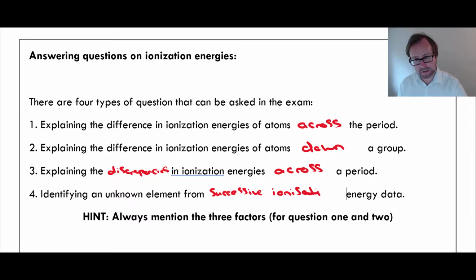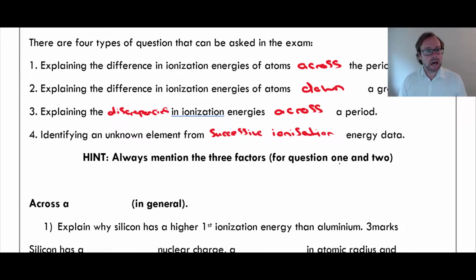Okay. So in the first one, explain the difference in ionization energies of atoms or elements across the period. We're talking about in general. So in general, the ionization energy will increase. And we've got a hint here.